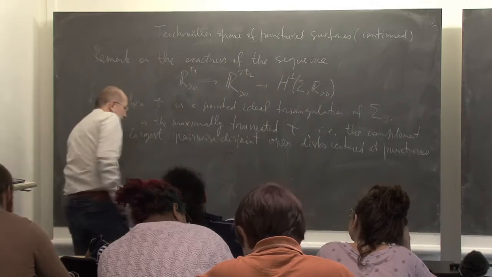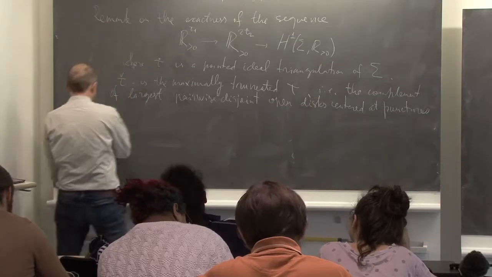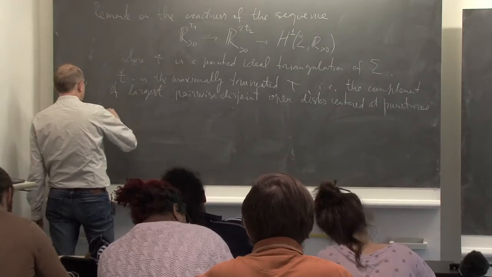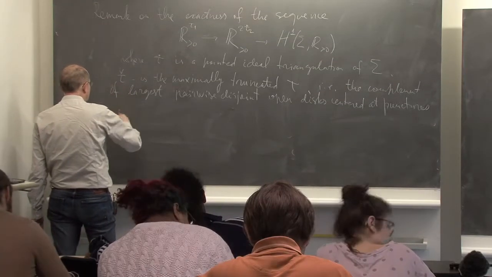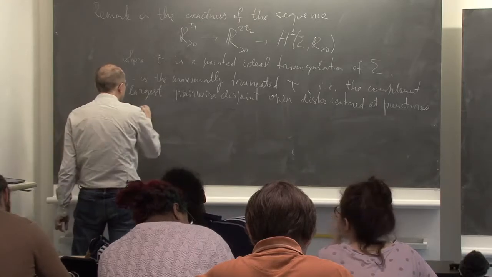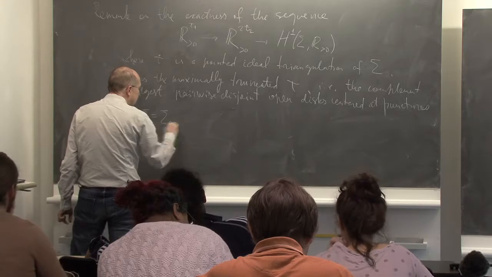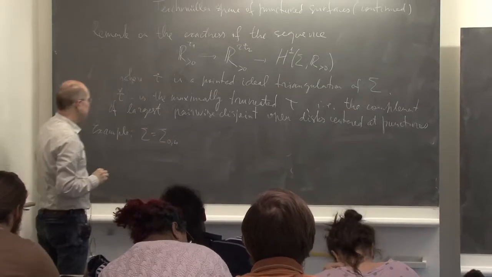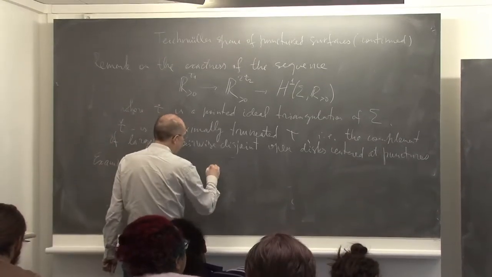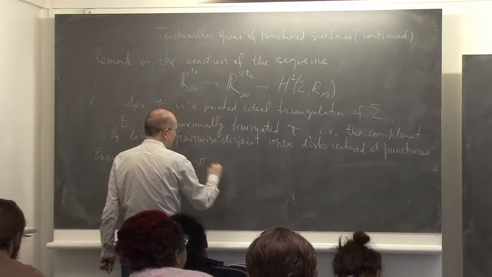So, an example. If we start from a 4-puncture sphere, then we can draw an ideal triangulation like this.